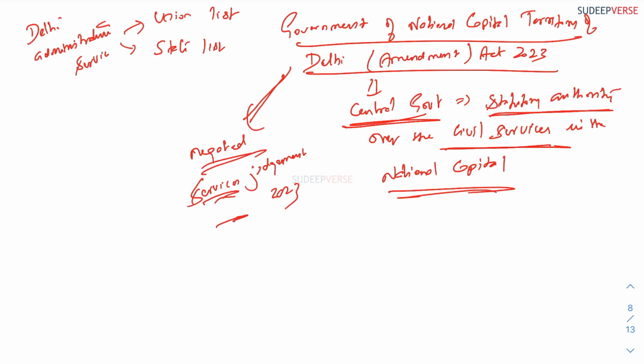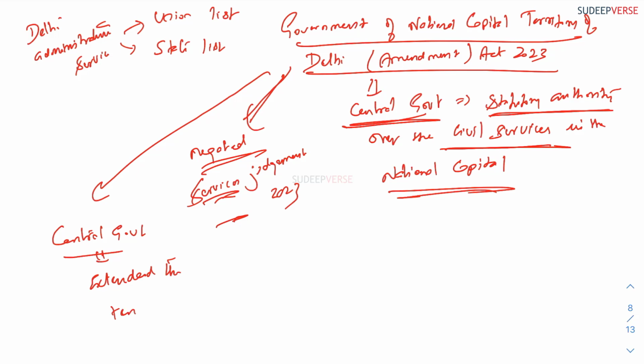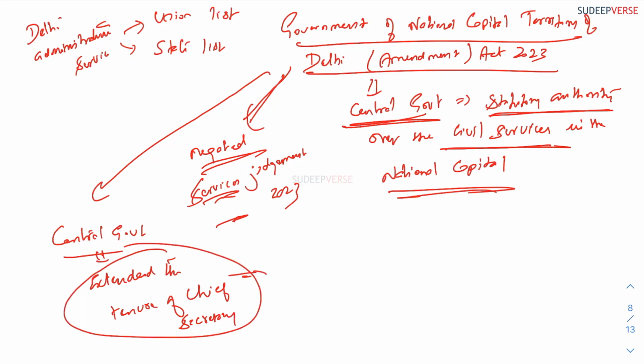Now, with this, the central government has extended the tenure of the Chief Secretary. Now, what is the problem? The problem is it has extended the tenure of the Chief Secretary without consulting the elected government of Delhi.